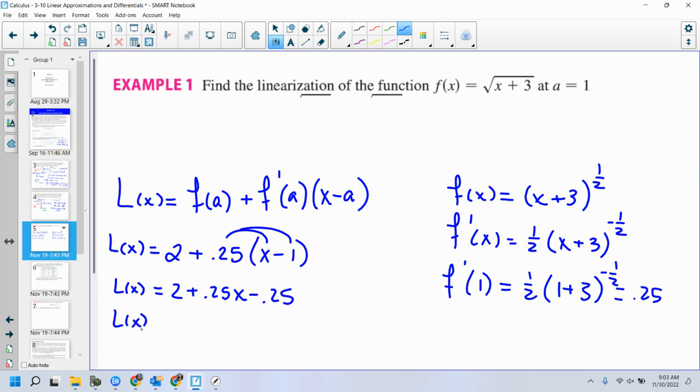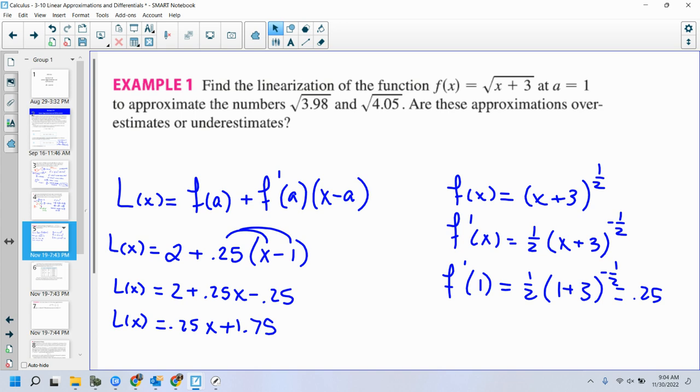So L of x is equal to 0.25x plus 1.75. So there's the linearization. Let's come back to the rest of this problem now.